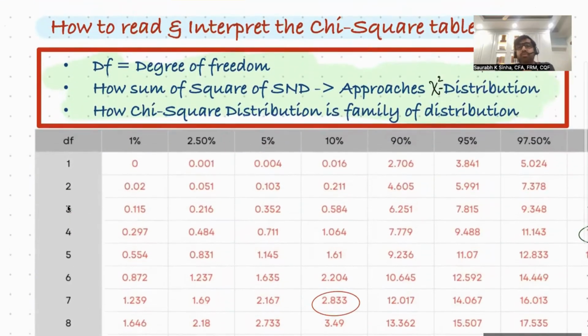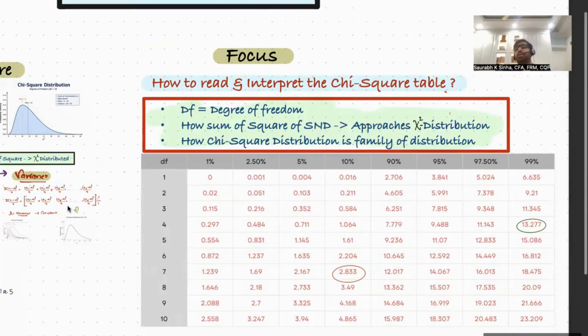But there is a problem. You cannot understand or interpret the chi-square table until you have discussed these three points in detail. First of all, you should understand what degree of freedom is. Second, you need to understand how the sum of squares of standard normal variables, which is normally distributed and can go up to negative infinity, approaches the chi-square distribution, which is pegged at zero.